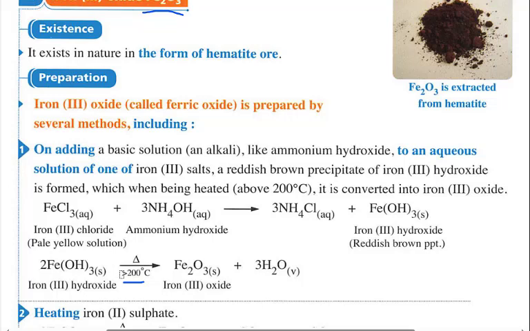So here, above 200 degrees Celsius, in this case we understand that we heat ferric hydroxide and form ferric oxide. If the temperature is mentioned as higher than 200 degrees Celsius, the heated substance is ferric hydroxide and the produced substance is ferric oxide. It is a very important note here.